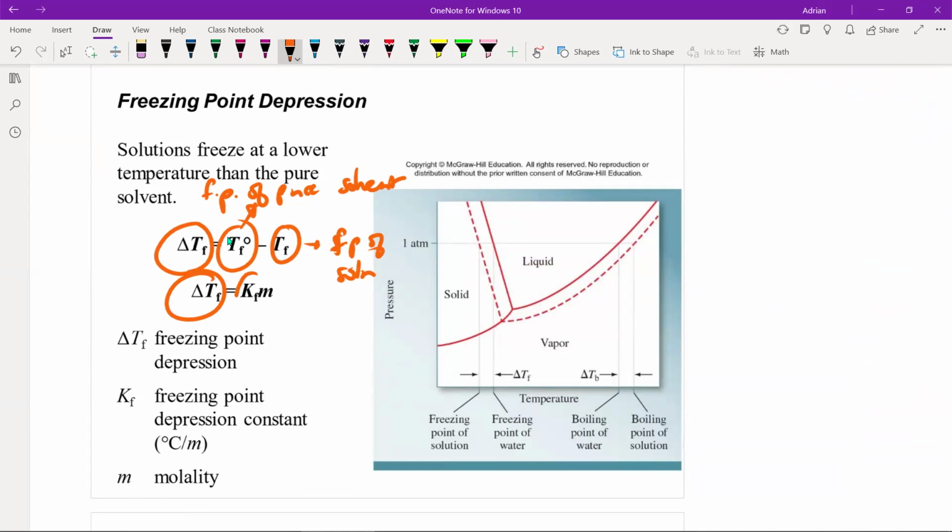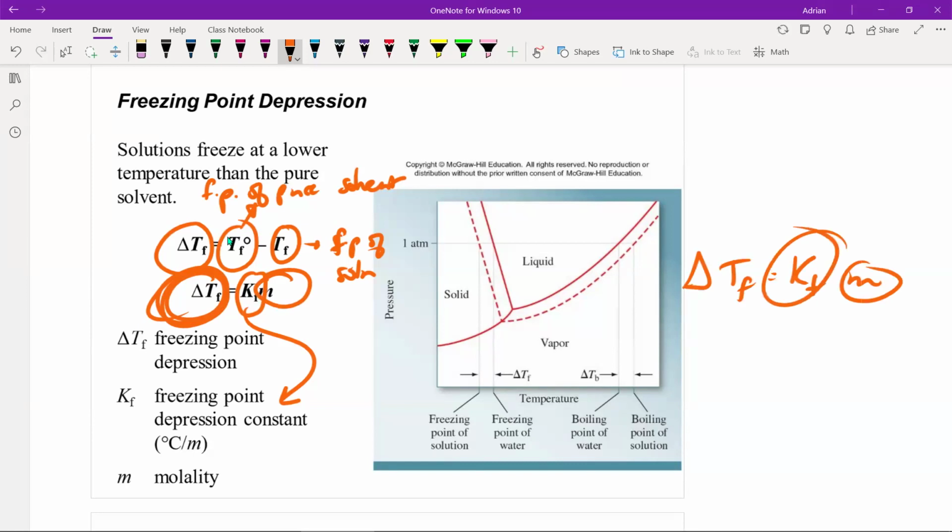We make it an equality by introducing a freezing point depression constant, K_f, into that equation. So we can calculate the change in freezing point if we know the molal concentration and the freezing point depression constant. That's a constant we can look up in our tables, or we'll be provided with it.